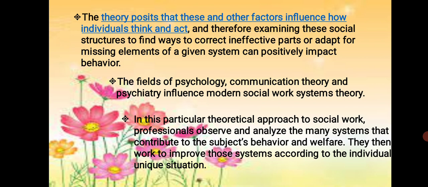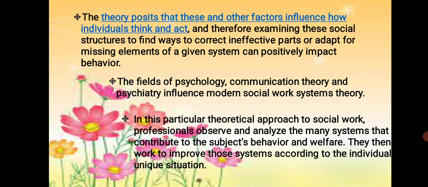The theory posits that these and other factors influence how individuals think and act, and therefore examining these social structures to find ways to correct ineffective parts or adapt for missing elements of a given system can positively impact behavior.